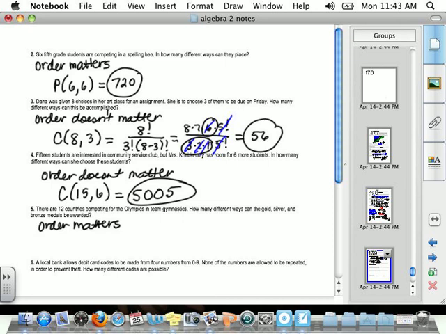I would have 3 spots: 12 for first place, after I pick first place I now have 11 and then 10. So I get 1,320. That's the same if you did on your calculator P 12, 3. It's saying 12 numbers go in 3 slots, so it's going to go 12, 11, 10.